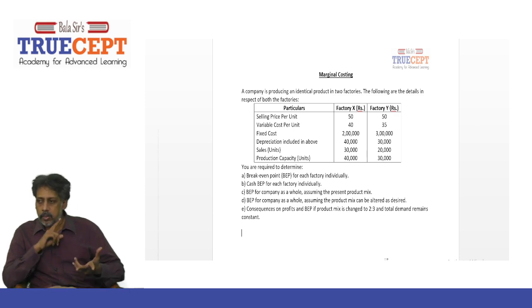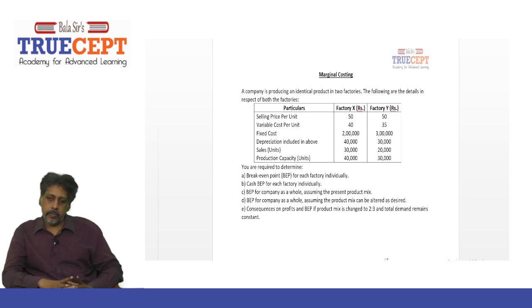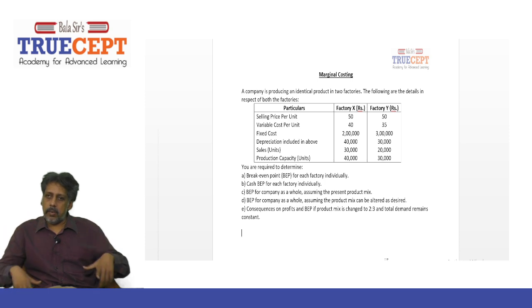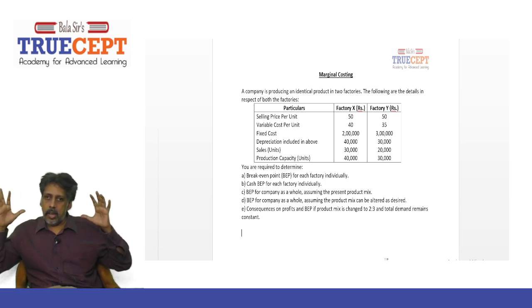Now, you have been asked to find the cash break-even point, where I'll consider the cash fixed cost and find the break-even point. Next. Then C, BEP for company as a whole, assuming the present product mix. What is the mix? 30,000 units in X, 20,000 in factory Y. What is the ratio? 3:2 is the mix. Based on this, you have been asked to calculate the break-even point for the company as a whole.